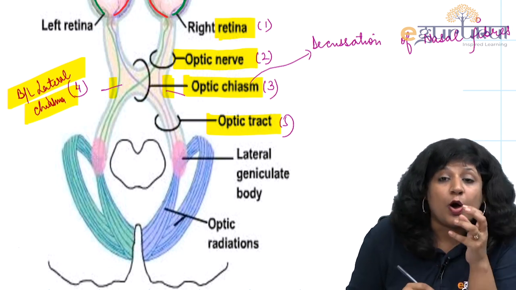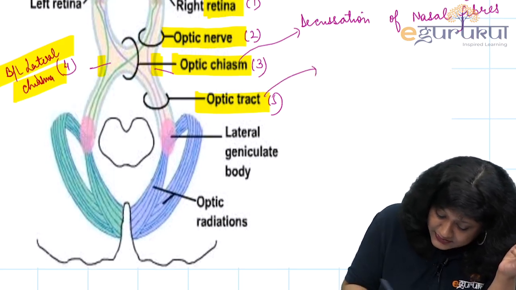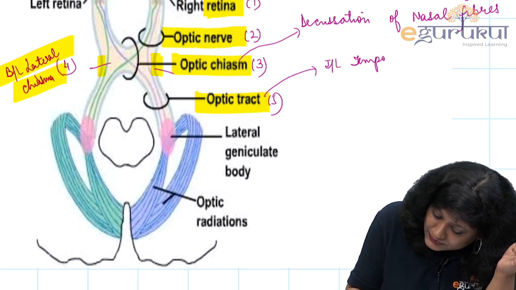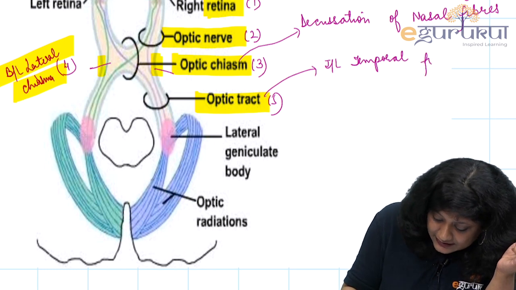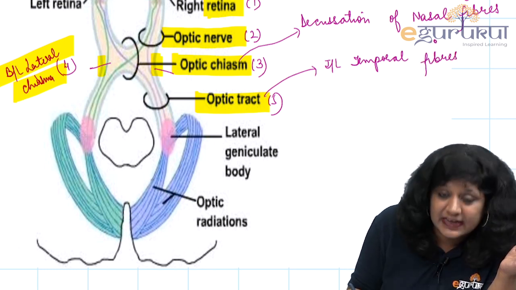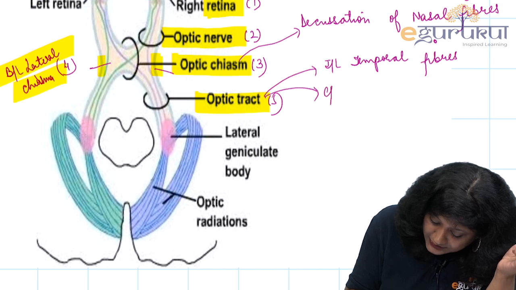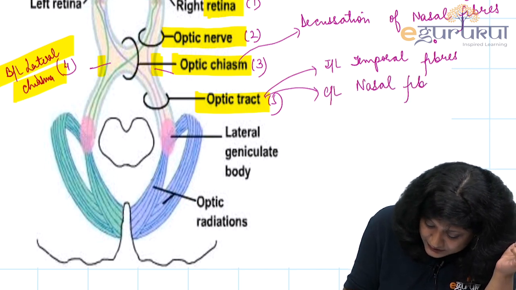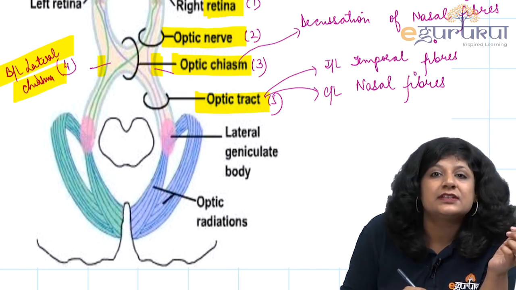Optic tract contains the ipsilateral temporal fibers. Each optic tract will contain the temporal fibers of the same side, while contralateral nasal fibers of the opposite side.